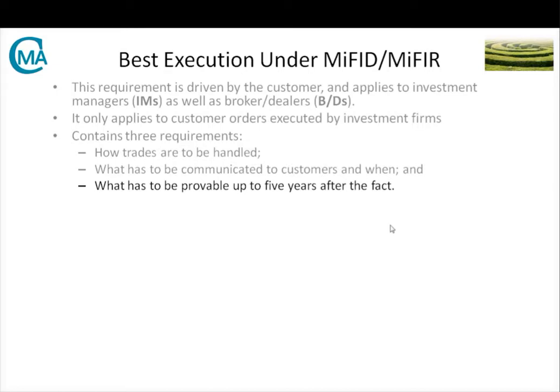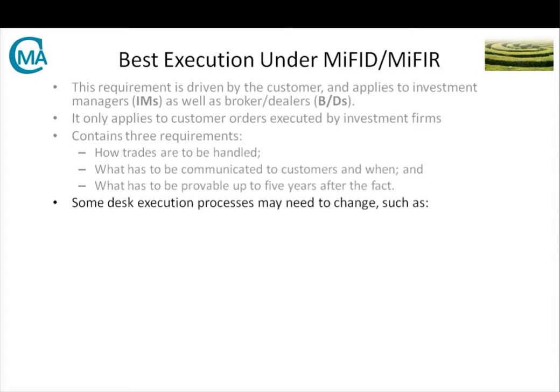And that came as a bit of a surprise to some folks who are saying, I now have to store tons of things about transactions I've done for customers for up to 5 years. And as we look at this and how some firms are currently doing business, we're starting to see some changes.